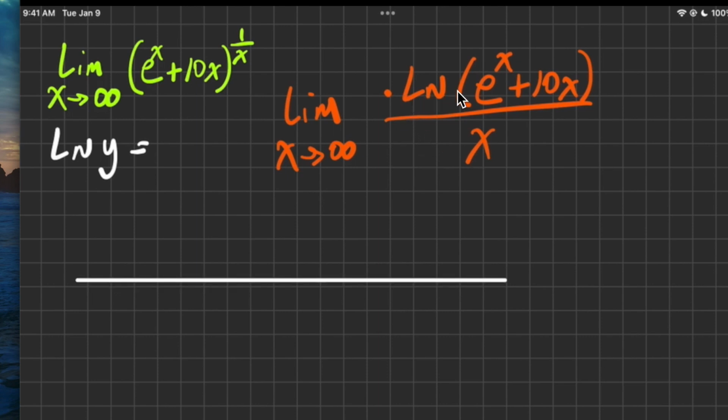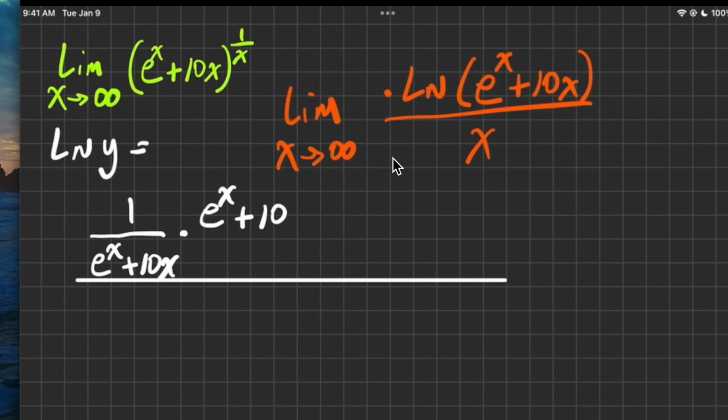So the derivative of ln of (e to the x plus 10x) is going to be 1 over the argument, and then using the chain rule, we're going to take the derivative of what's inside, which is going to be e to the x plus 10.